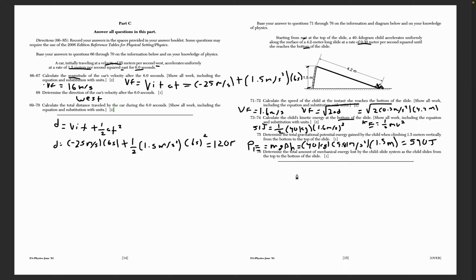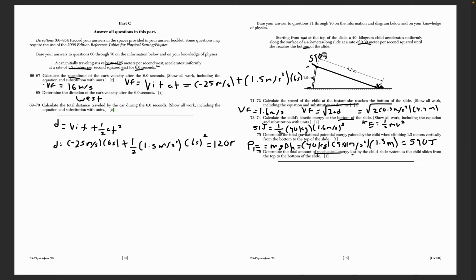Okay, determine the total amount of mechanical energy lost by the child. The child slides from the top. So it would be lost by friction. Okay. So mechanical energy is equal to the addition of the kinetic and the potential. So at its highest point, the kinetic energy is 0 and the gravitational is 590 joules.